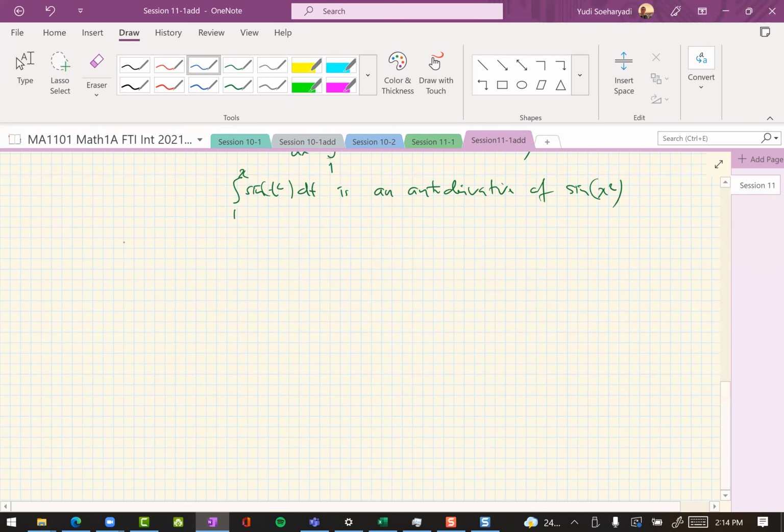The Riemann sum is one of the approximations.